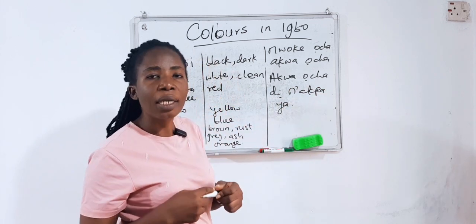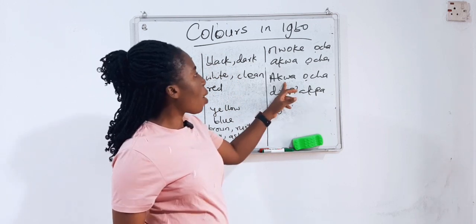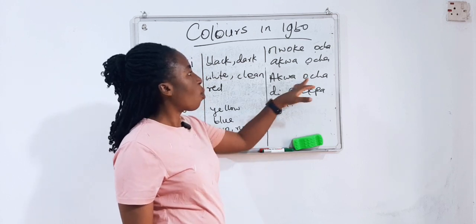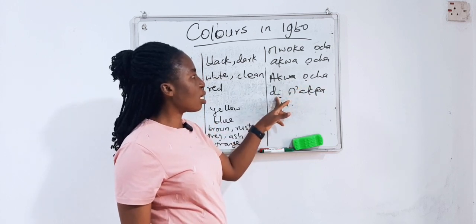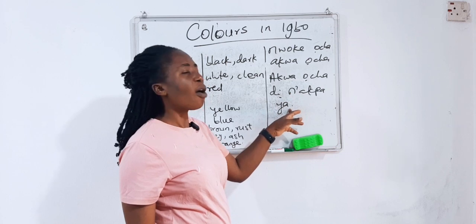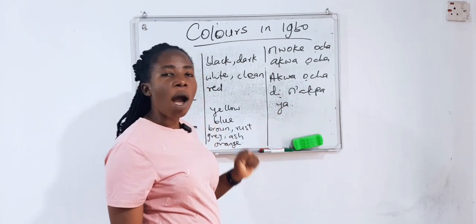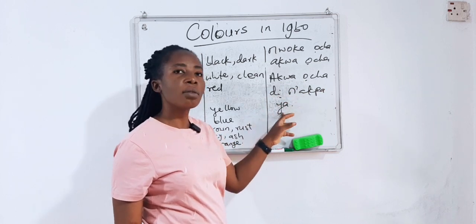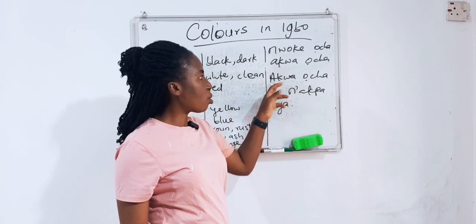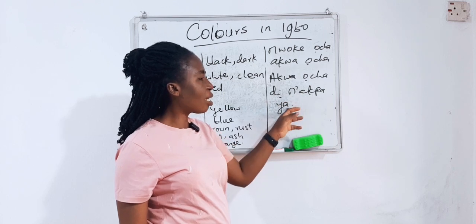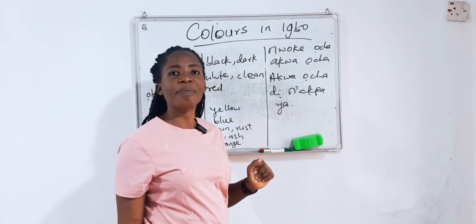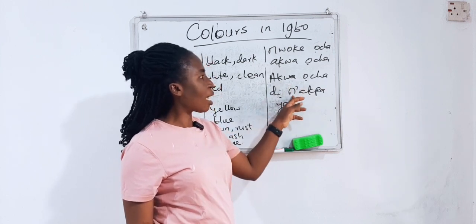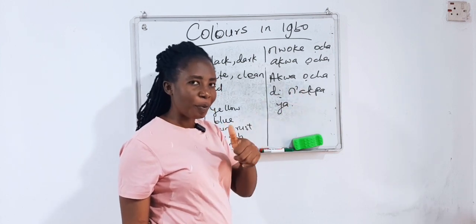White cloth is in his or her bag. Akwa ọcha dị n'akpa ya. White cloth is in his or her bag. Say it. Akwa ọcha dị n'akpa ya. Good job.